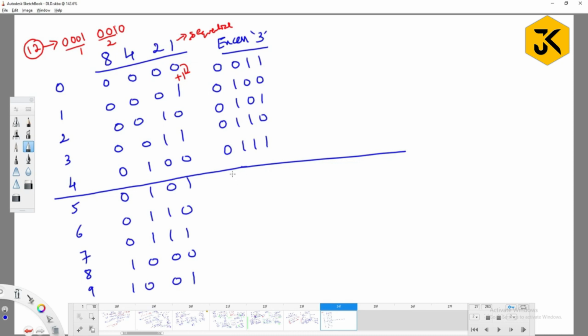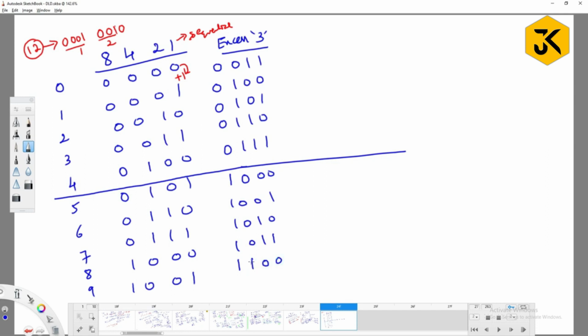So for 5 and onward, I can directly write: 7 plus 3 is 10, 8 plus 3 is 11, and I think this one is 1100.